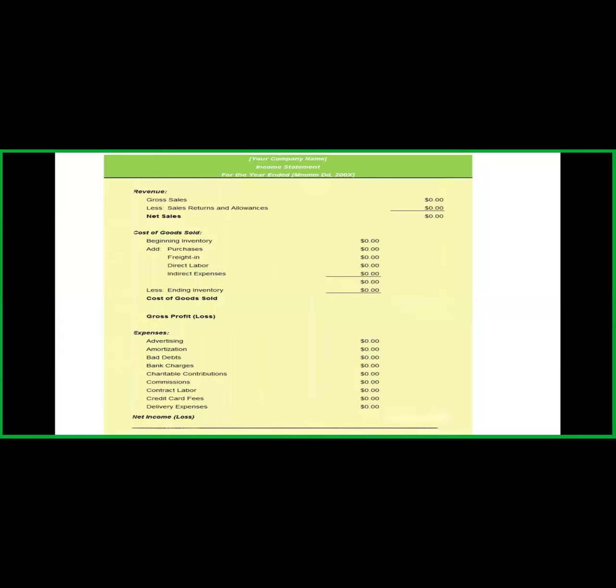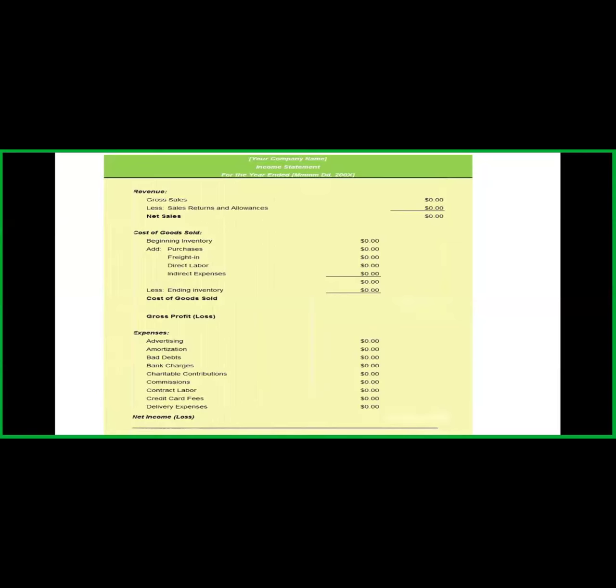In cost of goods sold, we insert the different costs: the beginning inventory, the purchases, direct labor, indirect expenses. All of these give us the cost of goods sold. If we subtract the cost of goods sold from the net sales, what we get is the gross profit.